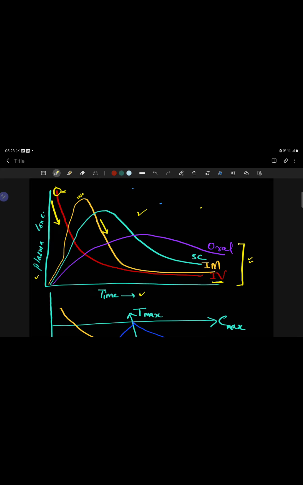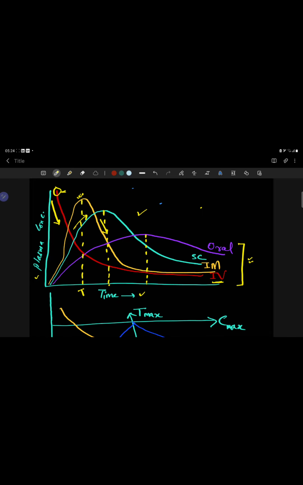Now even in subcutaneous, there is a gradual but steady increase in the plasma concentration. It takes more time. So if you consider this, this is the maximum concentration, that is the Cmax.